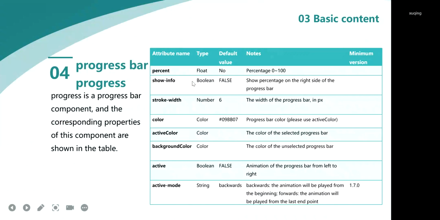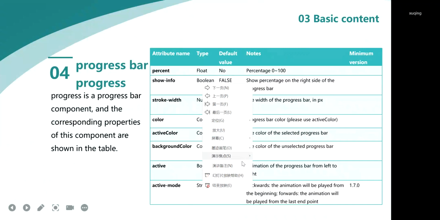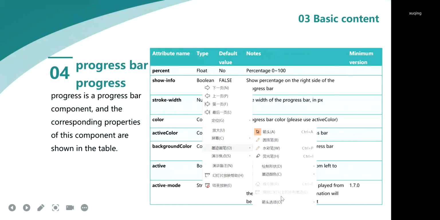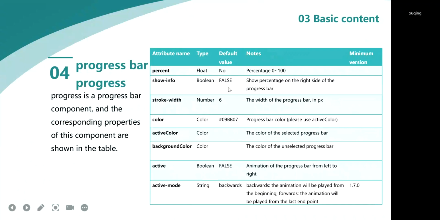We have the attribute show info with a Boolean type. That means whether to show information or not. The default value is false. We show the percentage on the right side of the progress bar.